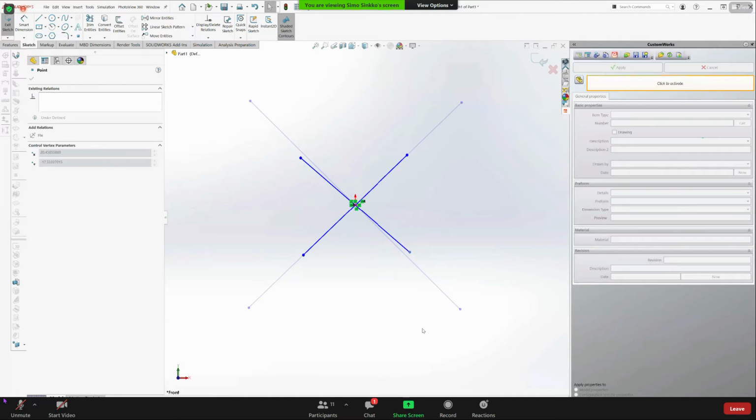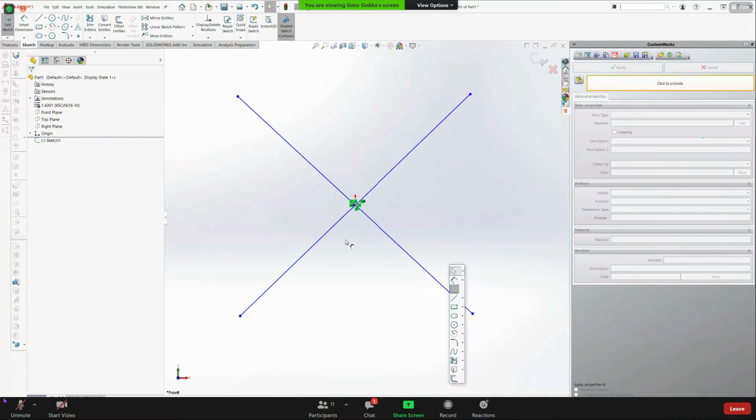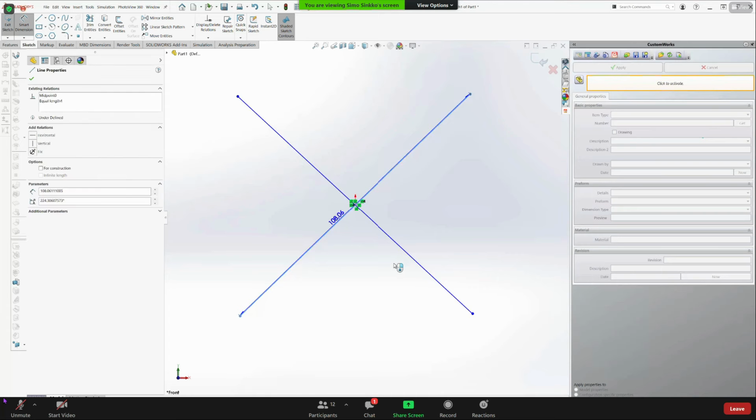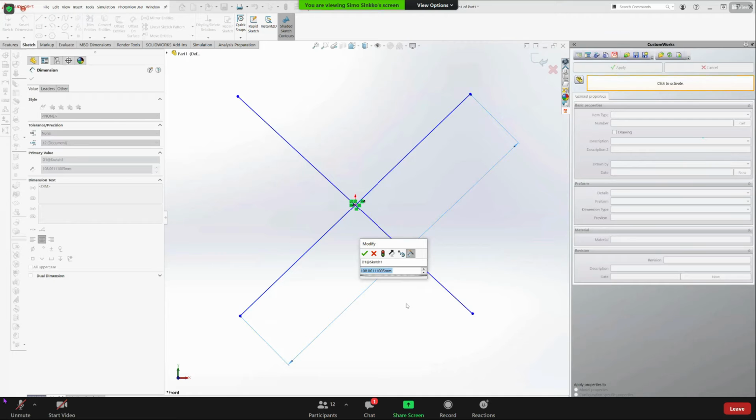Then I think it makes sense to give a length. This is something we might need to change later, but I will now put there, for example, 1200 millimeters.